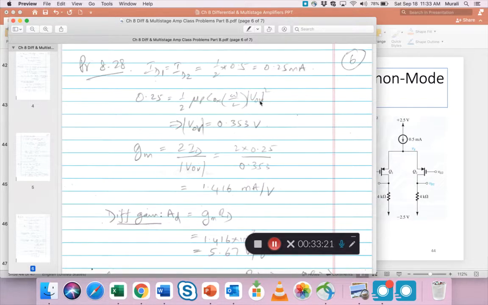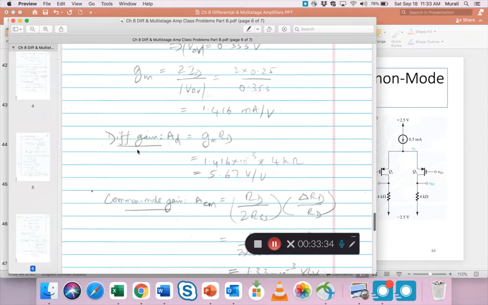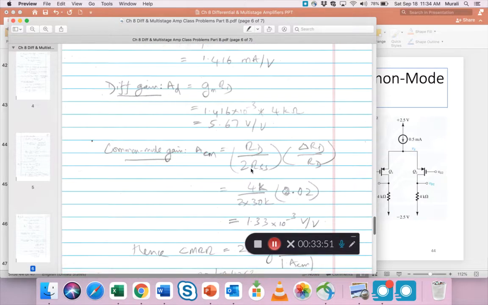This is also the formula from which you can find VOV. Once you have VOV, you can find GM to be this ratio, which is 1.416. The differential gain is GM times RD. Simple, because there is no output resistance to worry about. RO is not given. So that comes out to be 5.67.